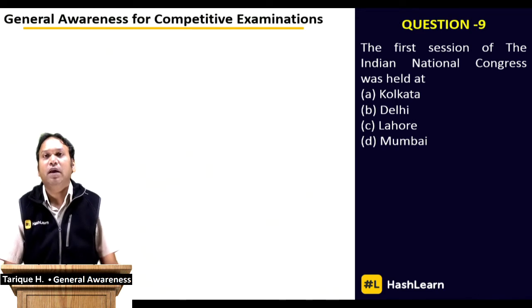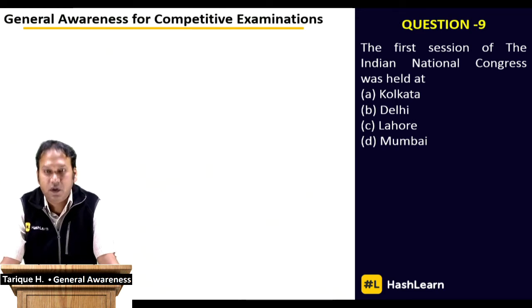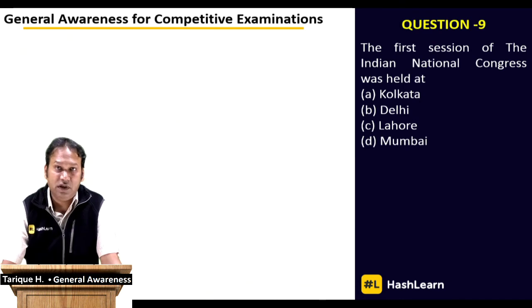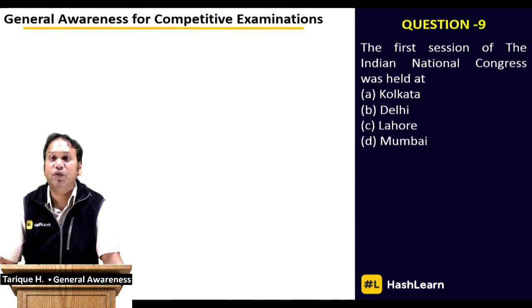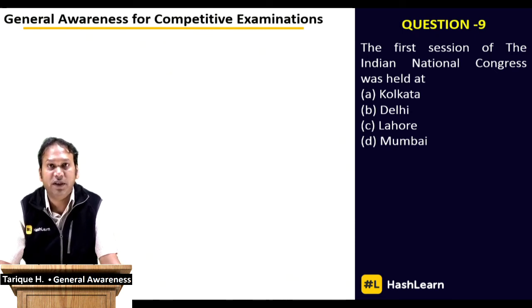D, Mumbai? Now, before we discuss the answer for this question, I'll give you one more homework to do. Make a list of all of the important sessions of the Indian National Congress. All you have to do is go to Google and type important sessions of Indian National Congress. If you have any history book with you, you'll definitely get this information there.